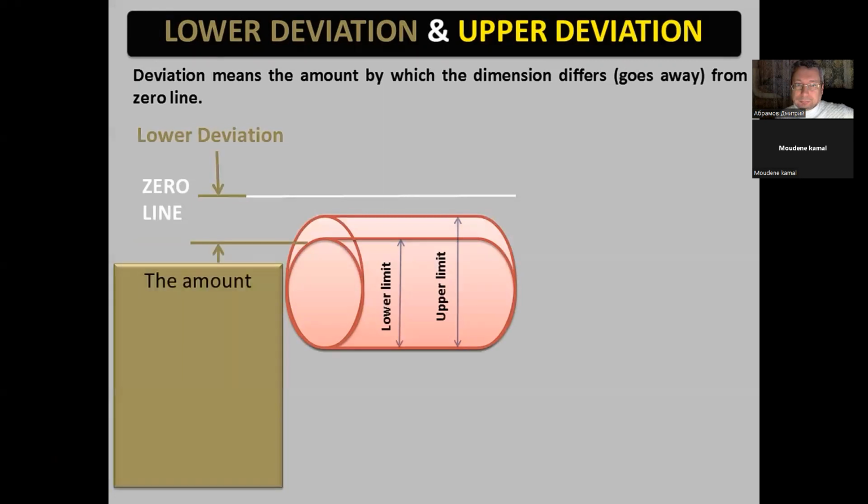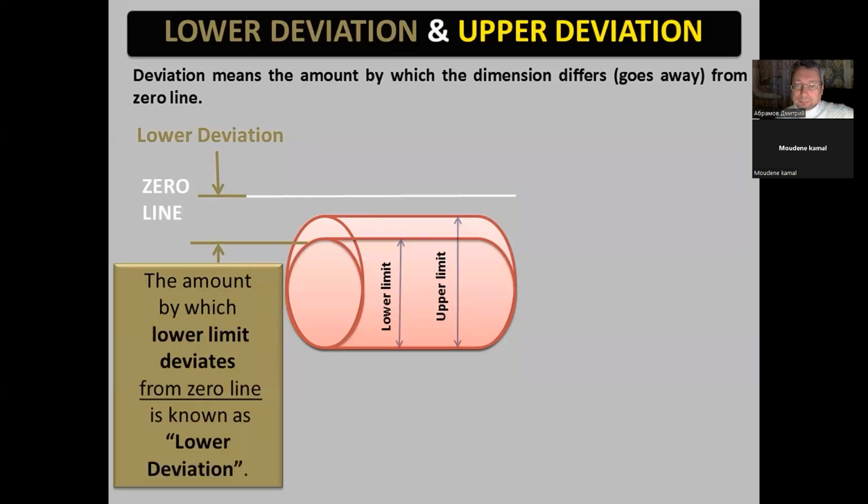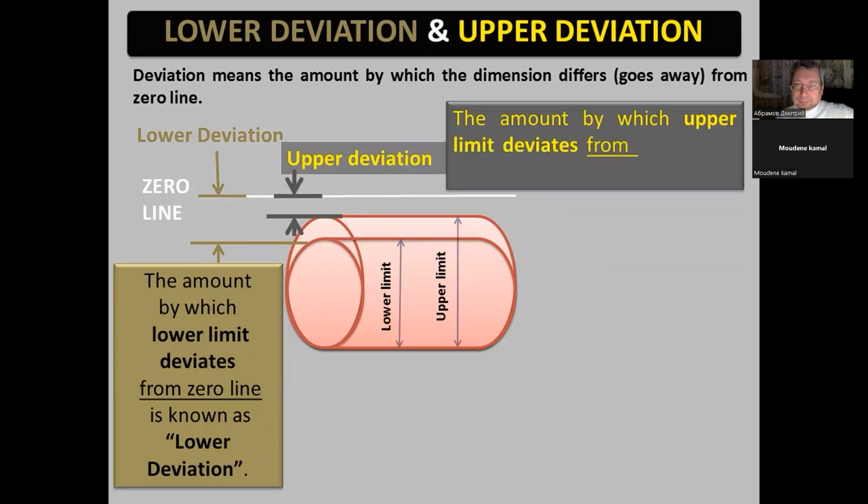Lower deviation: the amount by which the lower limit deviates from the zero line is known as lower deviation. And upper deviation: the amount by which the upper limit deviates from the zero line is known as upper deviation.